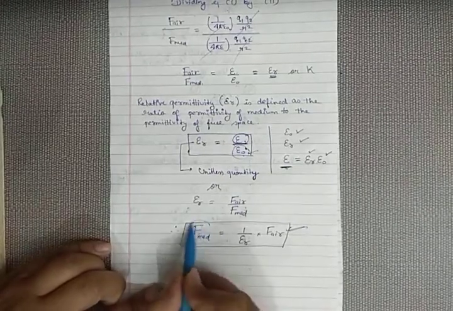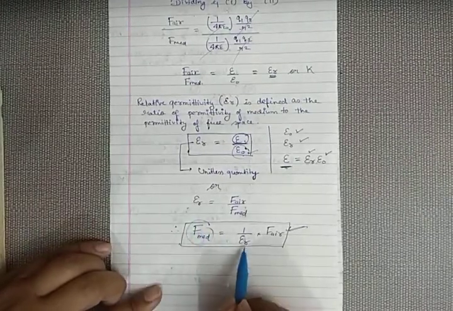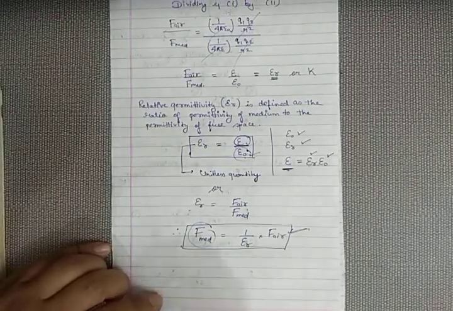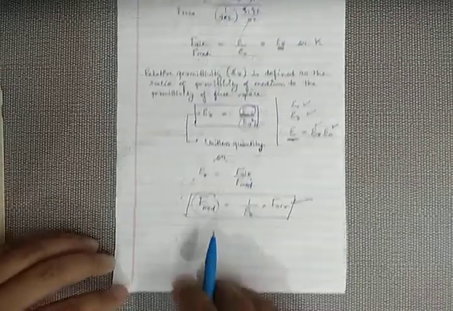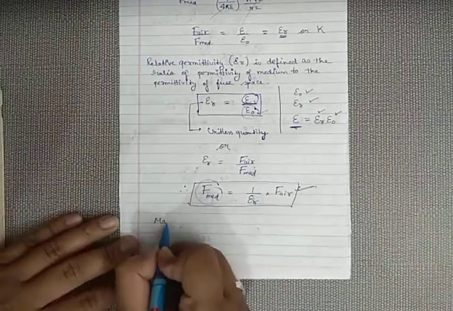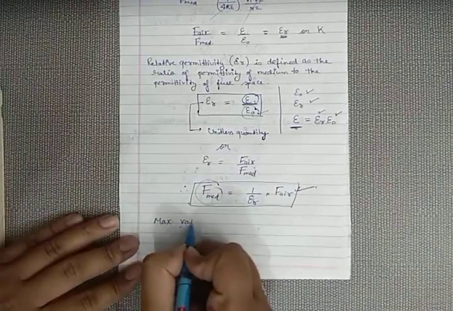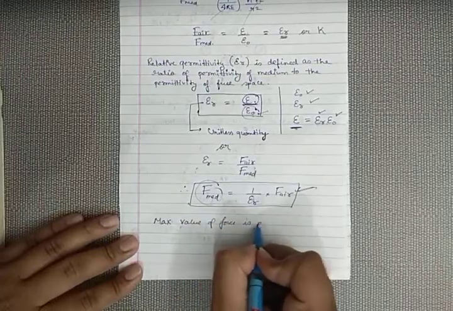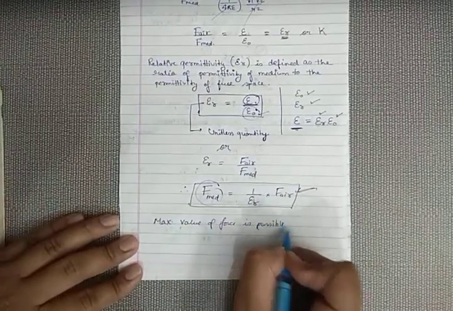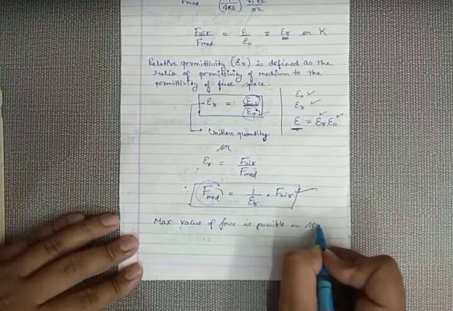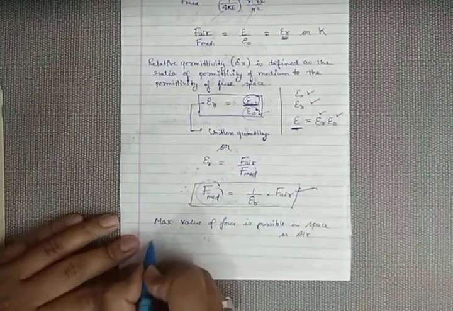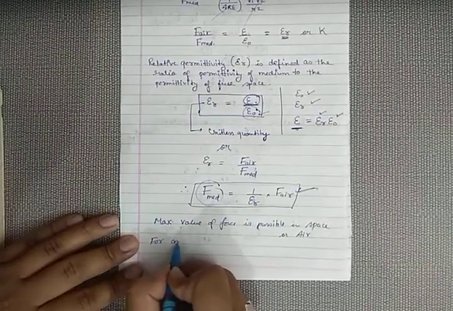If we take any medium, the value of the force reduces by the factor of epsilon r. The maximum force is always present in air. So the maximum value of force is possible in space or in air for any given medium.